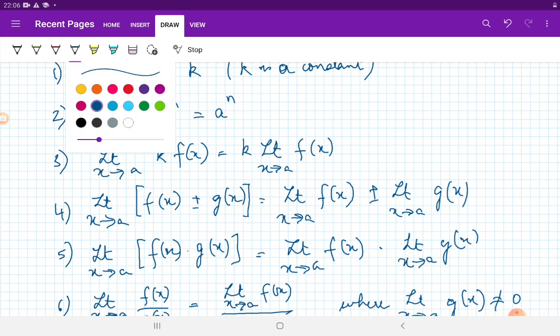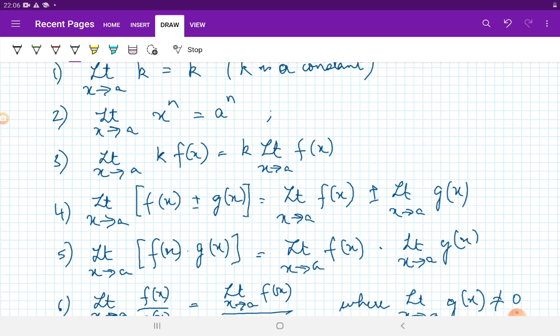And just to point out, here also in the second rule we give the condition where n is greater than 0.